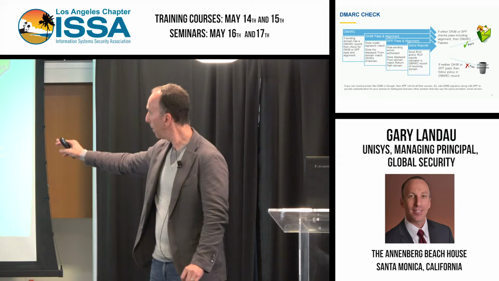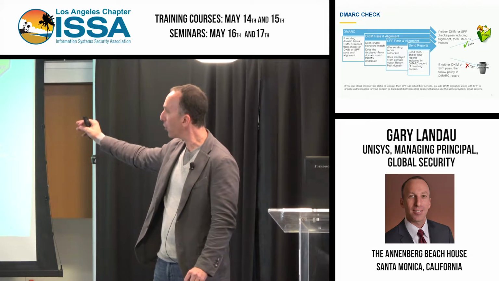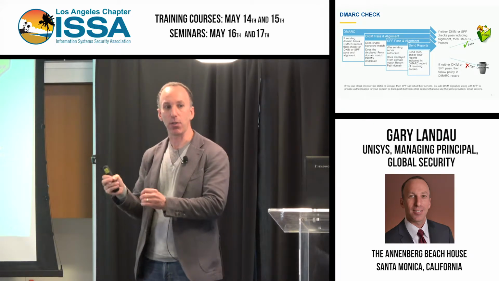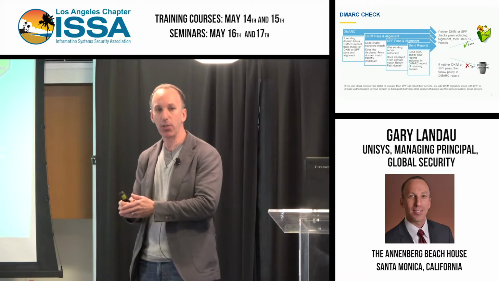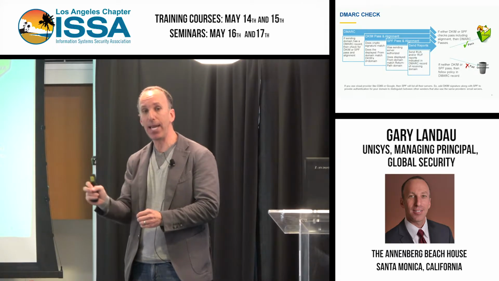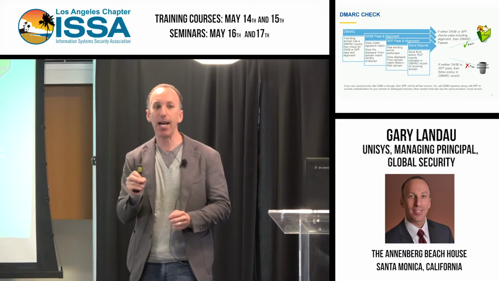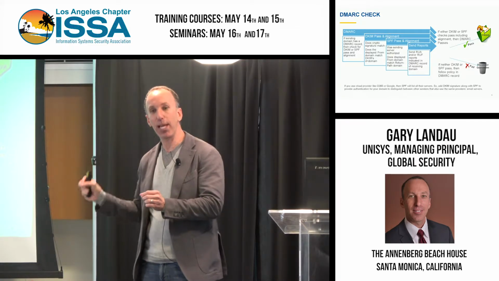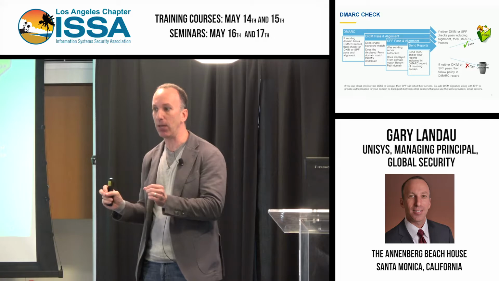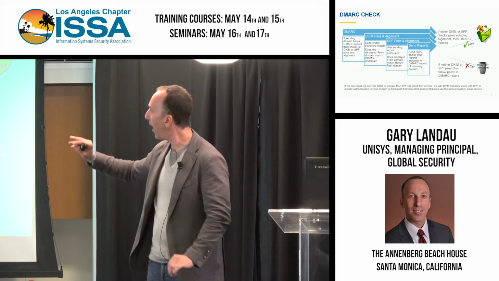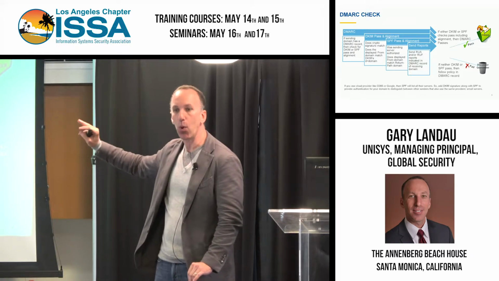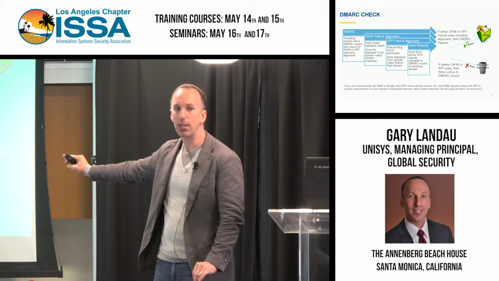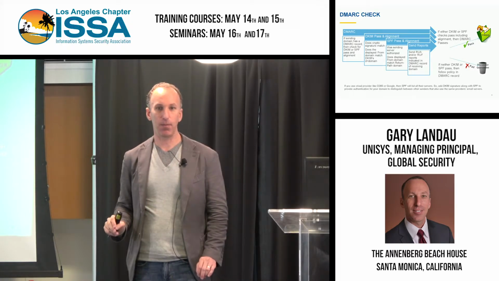If it does, then that's a pass. It'll also check DKIM. Is there a DKIM signature that passes? And does the domain specified in that DKIM signature align with the displayed from domain in the email? And if either DKIM or SPF passes, DMARC passes.